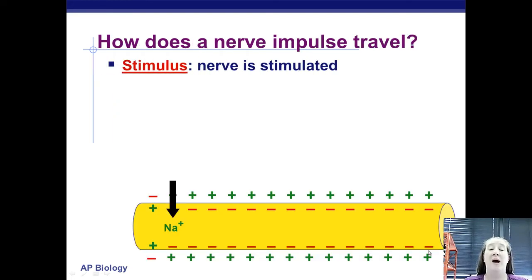Okay. Now, how does a signal move down through a cell? Well, first of all, somehow the nerve has to be stimulated. And there are different things that are going to stimulate different types of nerves. Some of your nerves are touch sensors, so literally pressure. As you push your finger, you feel that. And the reason you feel that is because the neurons that are in contact with your skin are triggered by pressure. Okay? Some of them, like the ones in your nose, are triggered by a chemical.